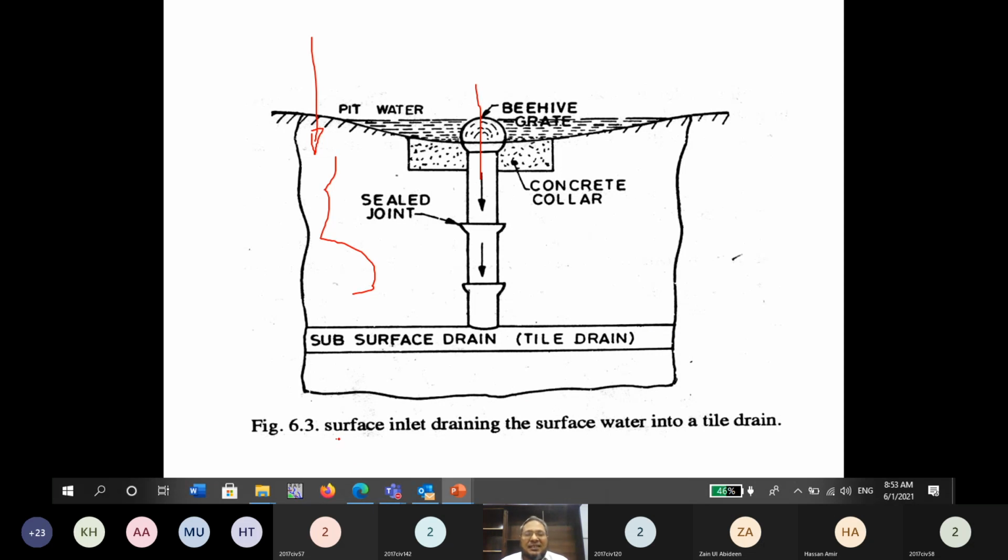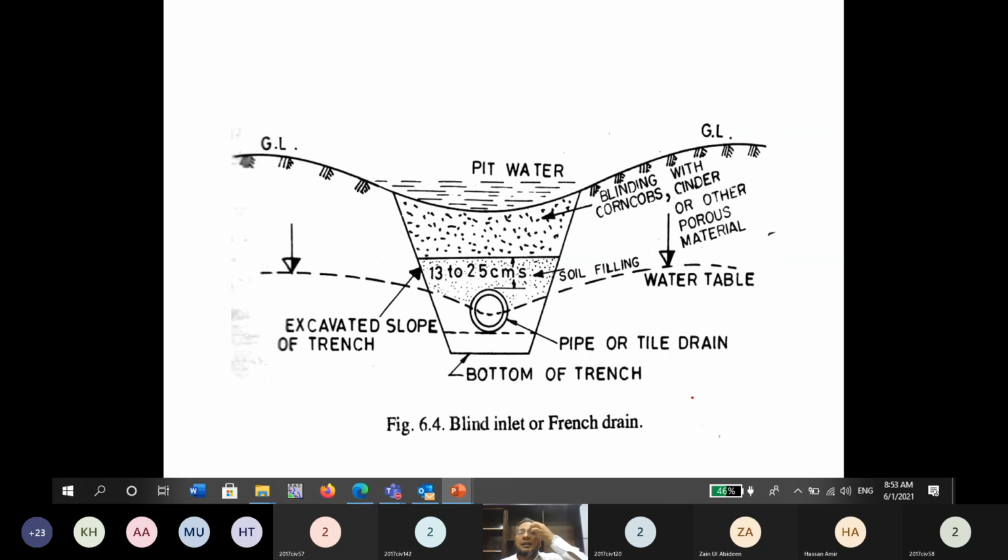This is the surface inlet. So this is called as inlet. This structure is surface inlet, draining the surface water into tile drain. And here you can see that this is another arrangement in which the ground level is lowered here, and then a depression is formed here.